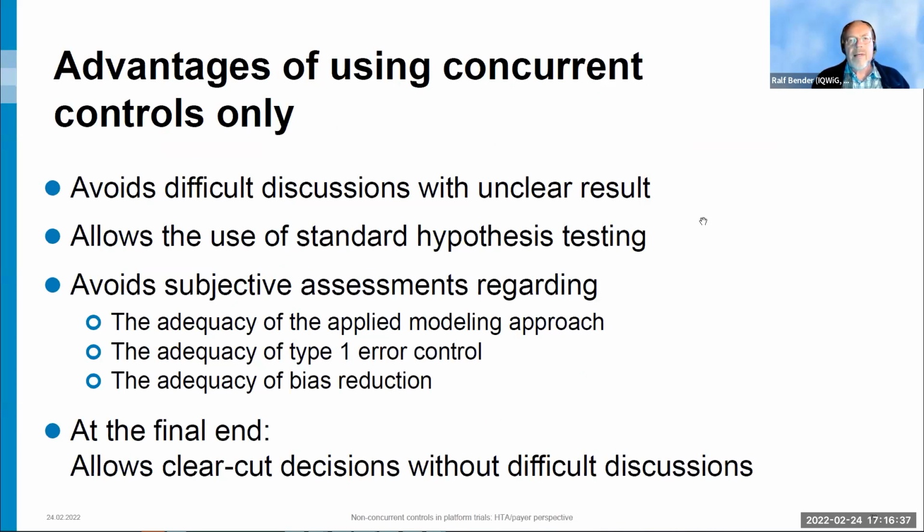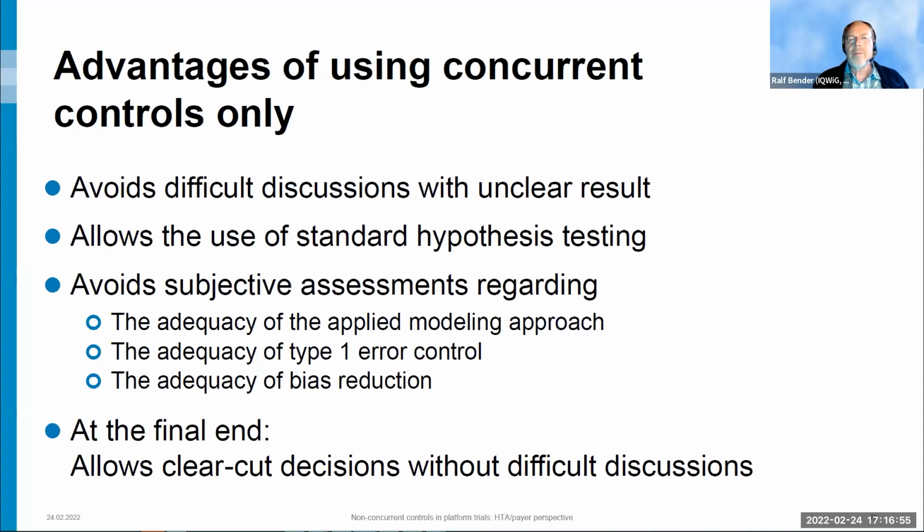So if you decide not to use non-concurrent controls and stay with the concurrent controls only, this has some advantages. You avoid difficult discussions with the regulators with unclear result.